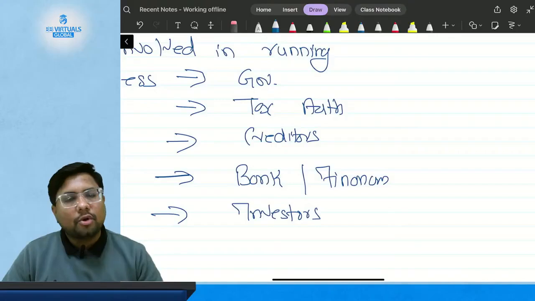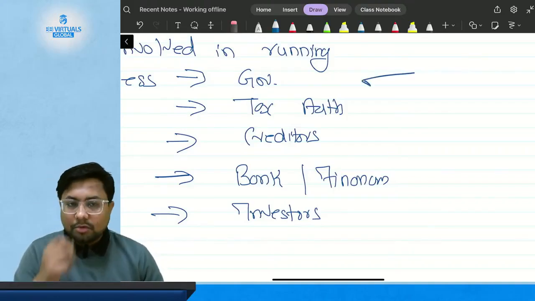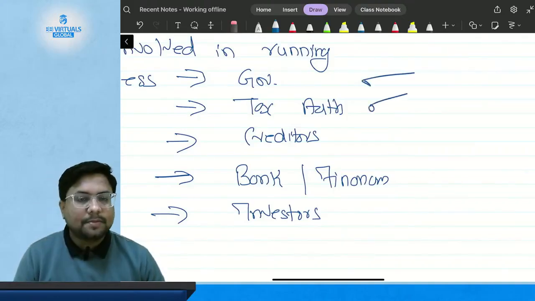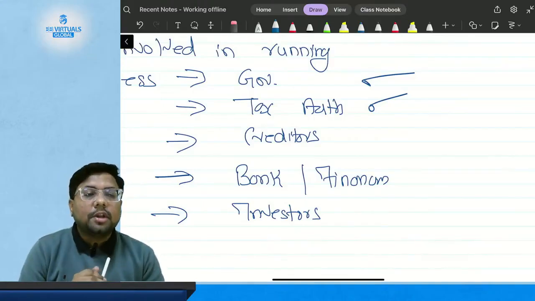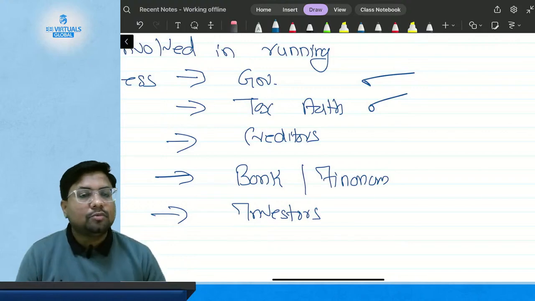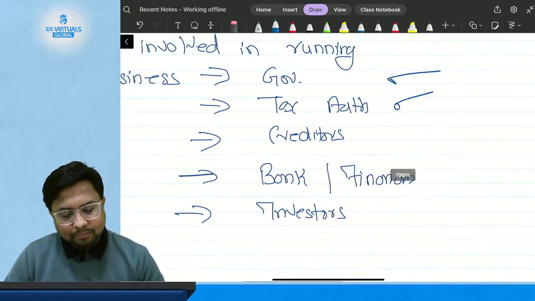No. But the government needs to know how much profit you are making for tax purposes. So the government and tax authorities, who are not involved in running the business, are also concerned with the information of your business.